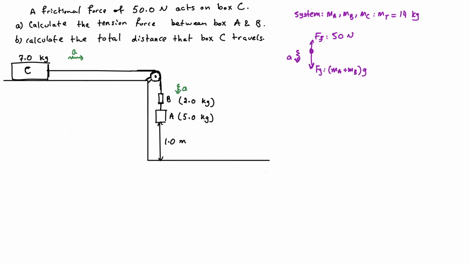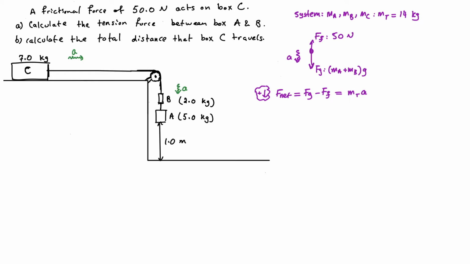Let's write the net force equation to find the acceleration of our system, F net. I'm going to take down to be positive, and I'm going to highlight it. And the forces acting are Fg in the positive direction and force of friction in the negative direction, and that's equal to the total mass times the acceleration based on the second law of motion.